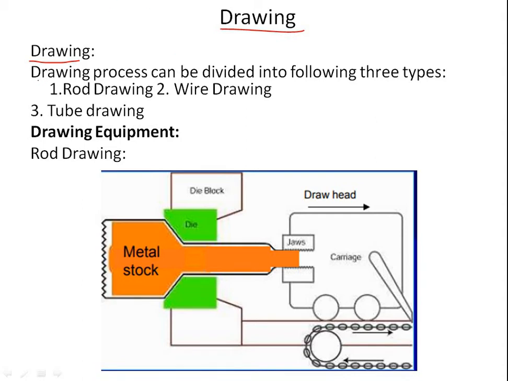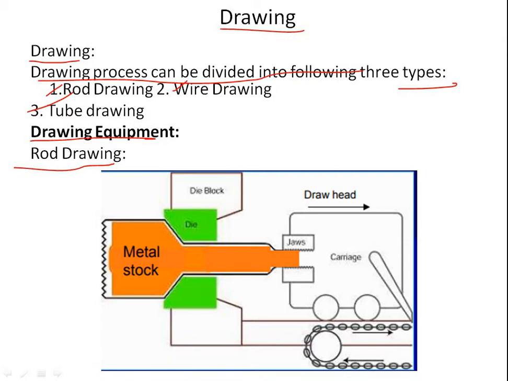In that we'll be discussing next. Drawing process can be divided into the following three types. First one is rod drawing or rod drawing equipment. You all can see this figure, and wire drawing. Next one will be tube drawing. So first of all, we'll be discussing drawing equipment, that is rod drawing equipment.